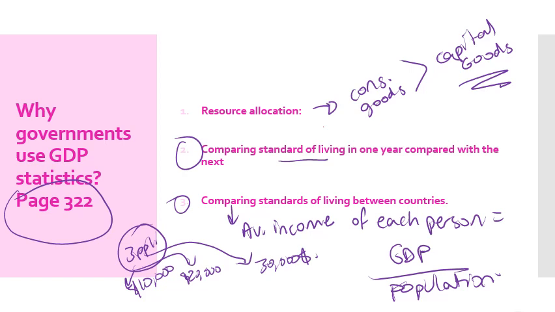I want to see on average what each person's income is. So we add up all the income, which is 10 plus 20 plus 30, giving us a total of $60,000, divided by the population. My population in this example is 3. So on average, each person is getting $20,000 per year as income.